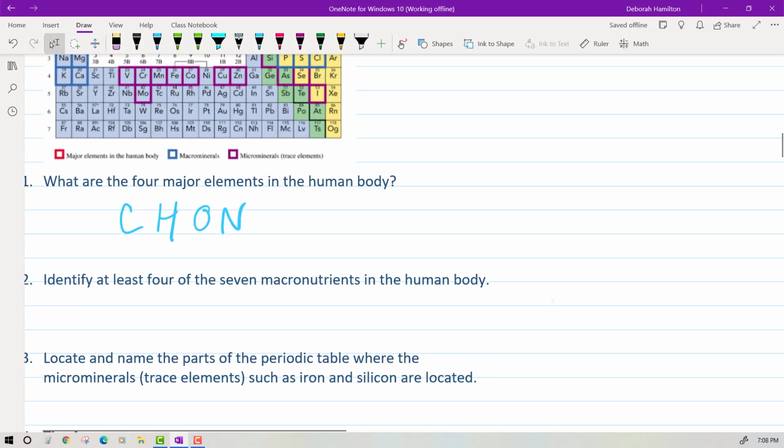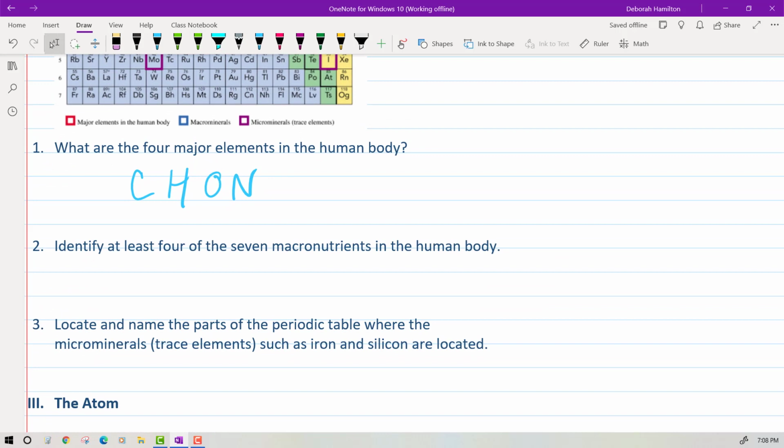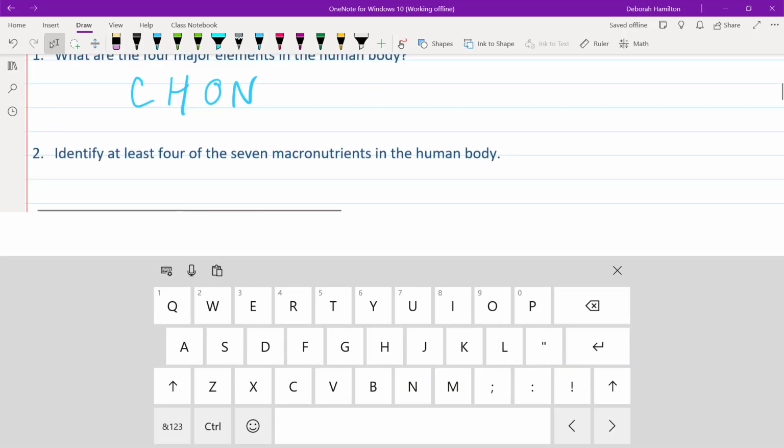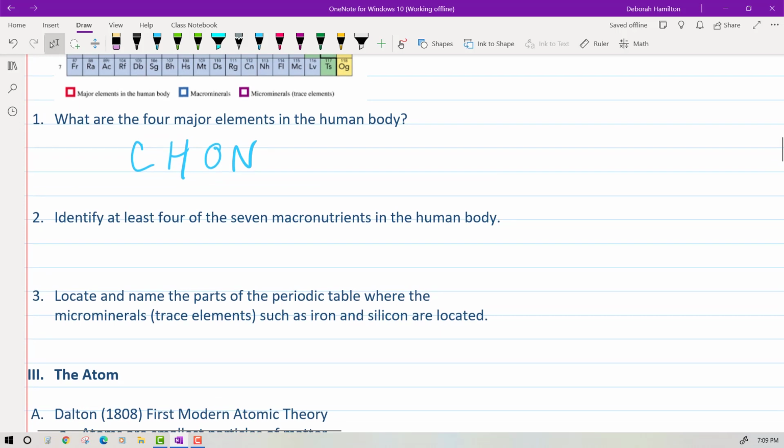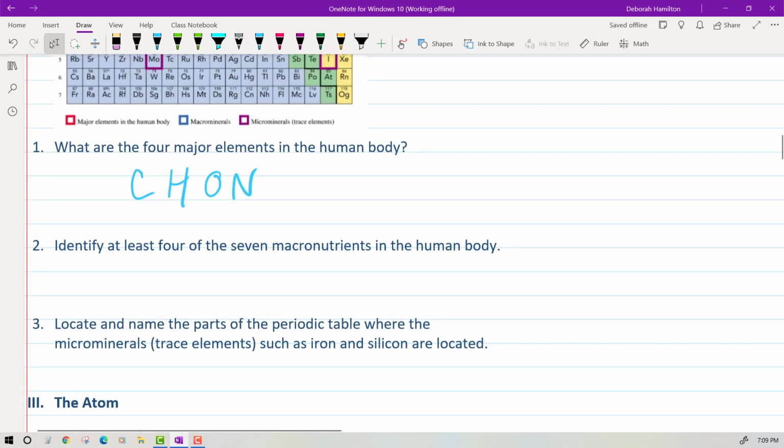All right. And then it says locate and name the parts of the periodic table where the microminerals, such as iron and silicon, are located. Okay. And those would be transition elements for iron.